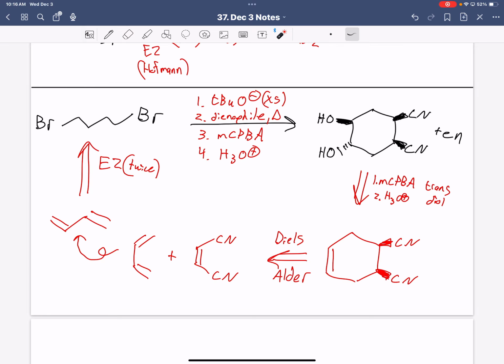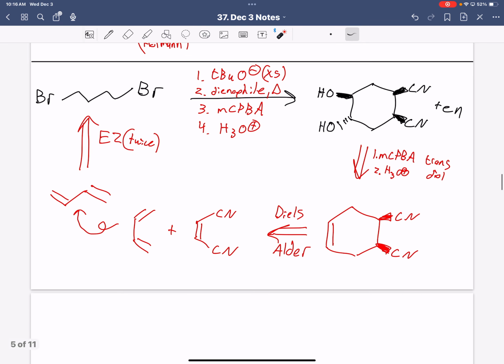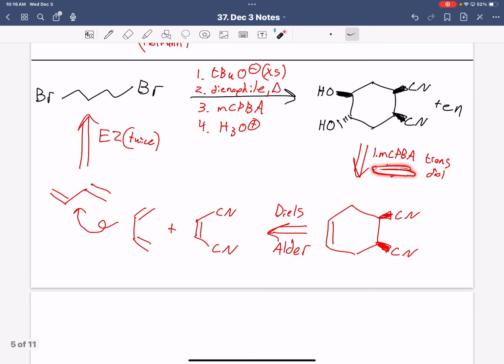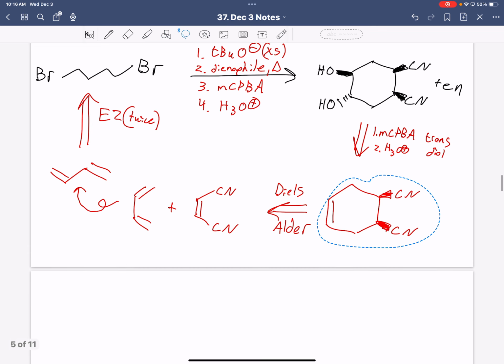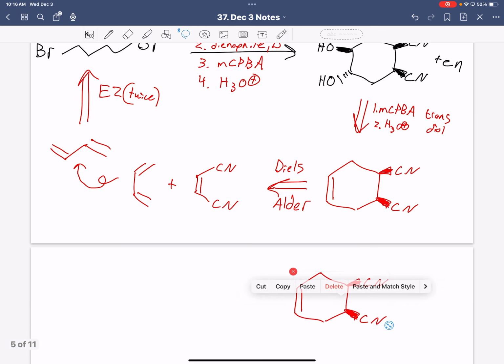Okay, yeah. And fun fact, if you don't do this acid workup, you just do mCPBA, you end up with this. That's just epoxidation like we've been talking about in lab. Wait, do we need to write that? No, this is just for fun.